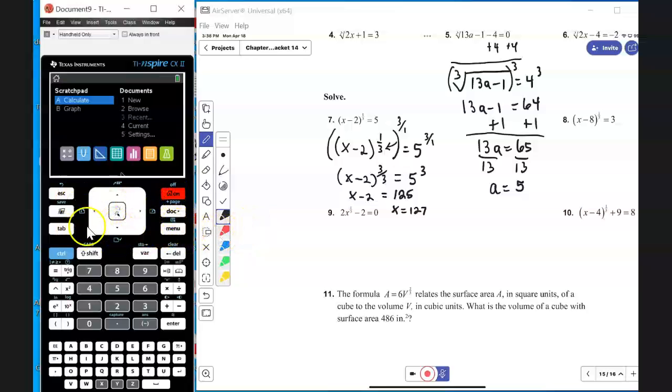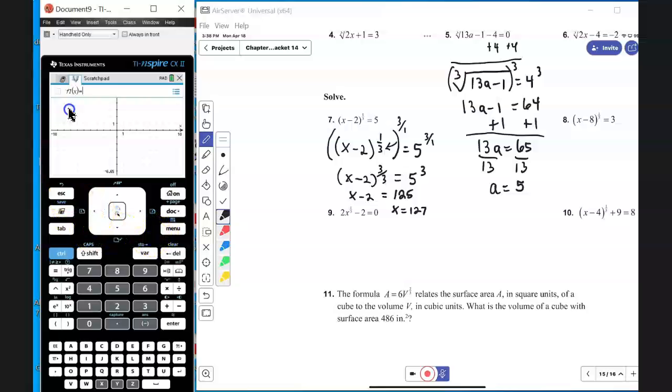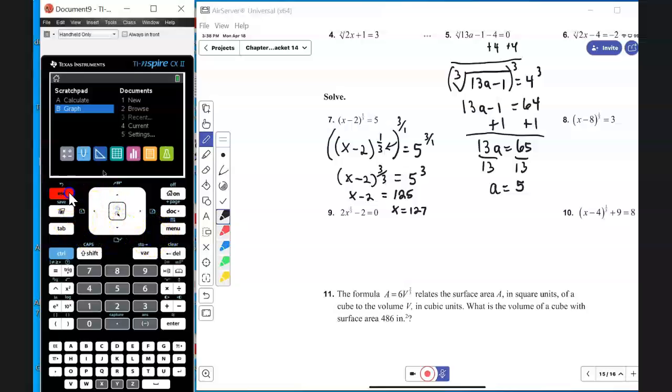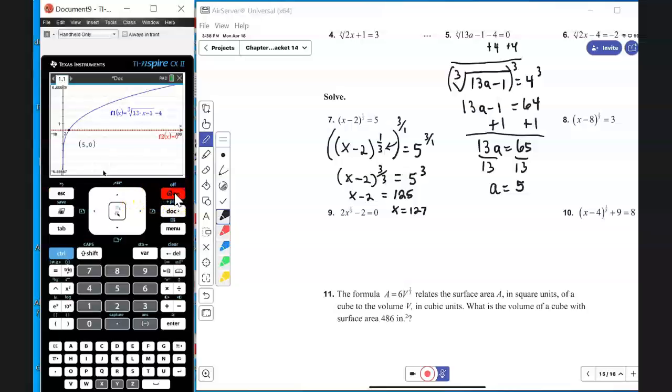Oh, I'm sorry, the tab button. There we are. The tab button, I'm going to go up here. And what I'm going to do, I'm going to go ahead and write my parentheses.